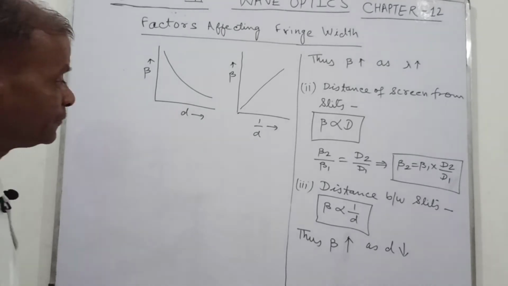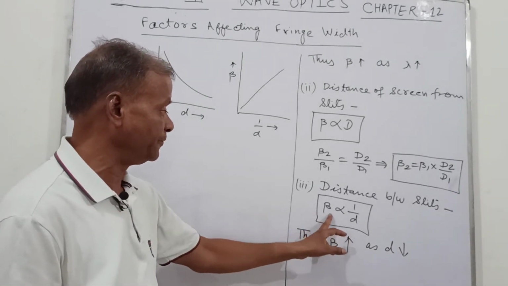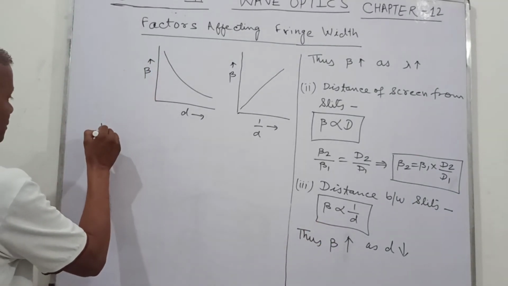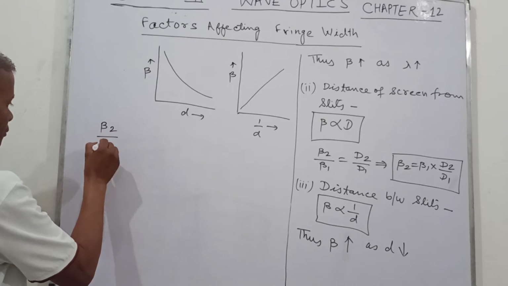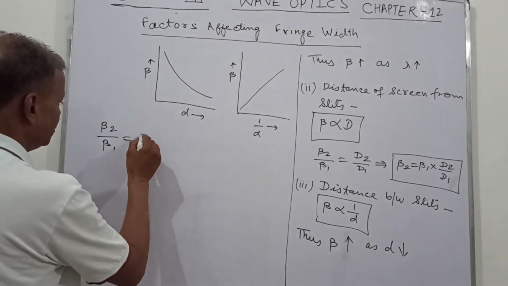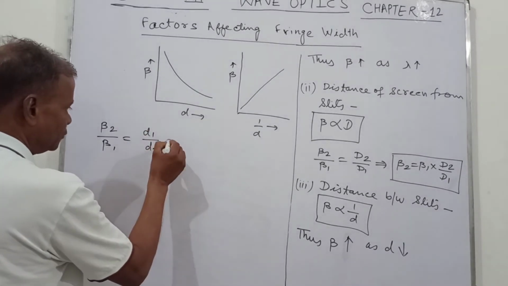And if d equal to infinite, then beta equal to 0. So according to that, we can have the comparison of this one, beta 2 upon beta 1 equal to d1 upon d2.